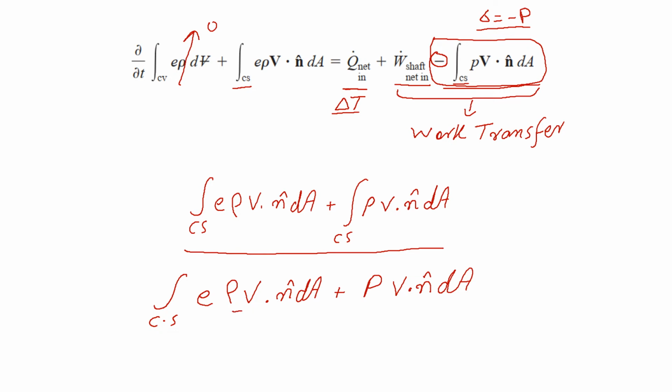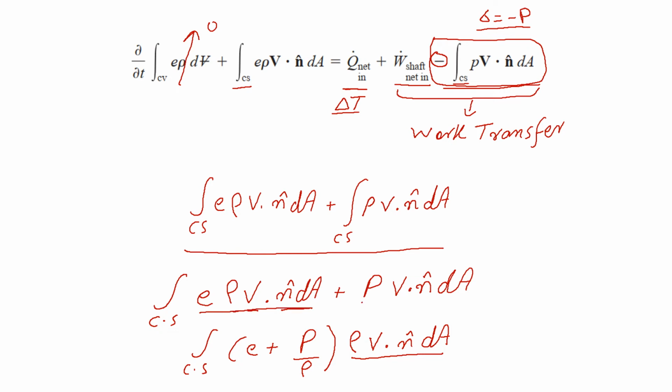If we take density, velocity, and dA common, we will have an integral of E plus pressure over density, and the term that is common is density, velocity, dot, unit vector n, and dA.